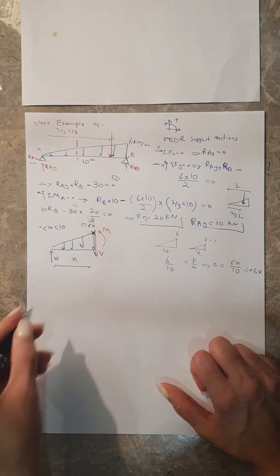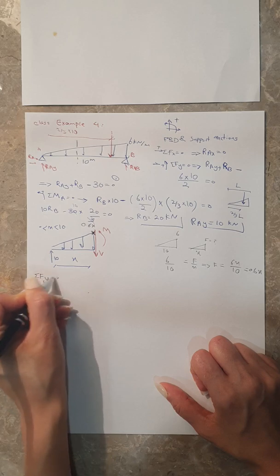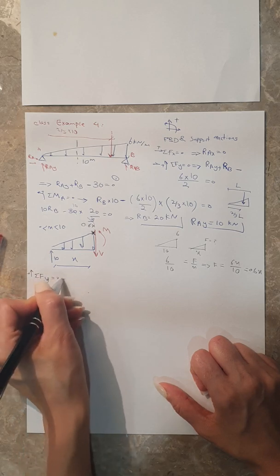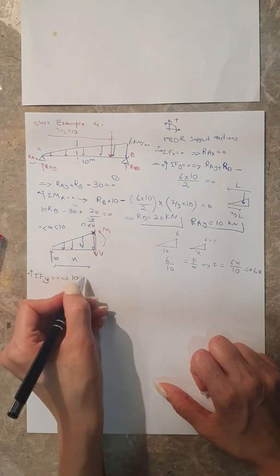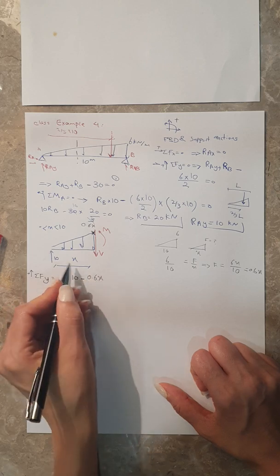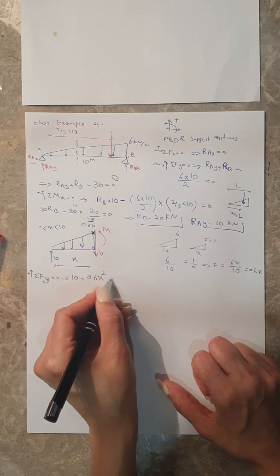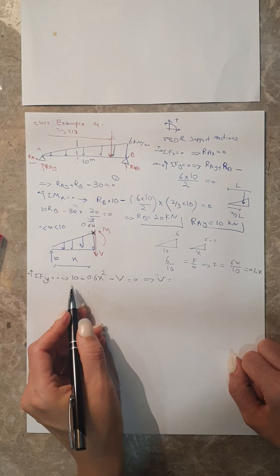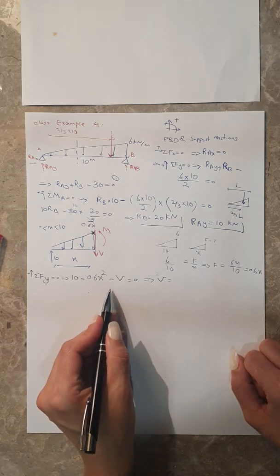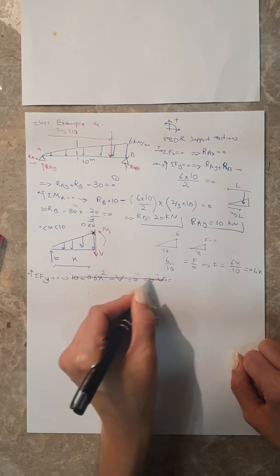which makes sense. Now we say again that the summation of forces in the y direction is equal to 0. Therefore, 10 positive minus this force. How much is that? It's 0.6x times x, which would be 0.6x squared, minus V would be equal to 0. Therefore the shear force would be equal to, sorry, I just made a mistake here.